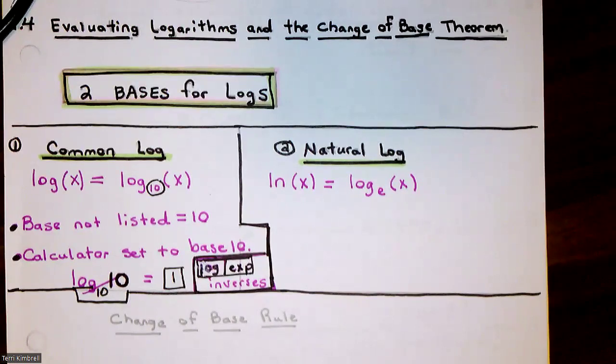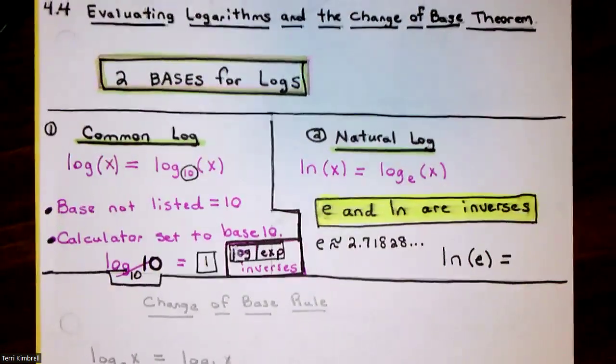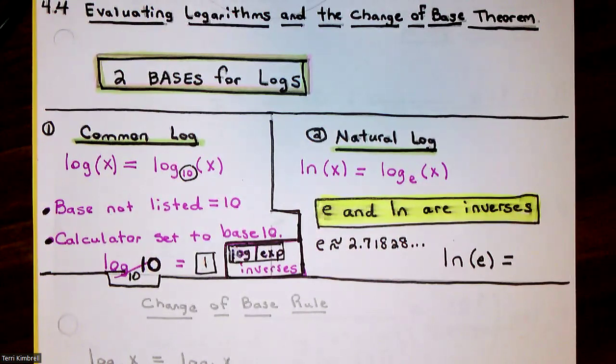Now, the natural log is pronounced ln. We discussed the number e when we dealt with our PERT formula with continuous compounding. When we look at this today, we know that e is approximately the number 2.71828.